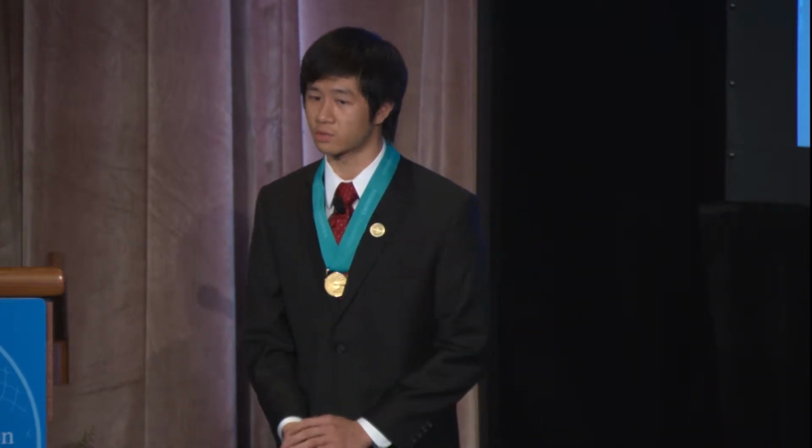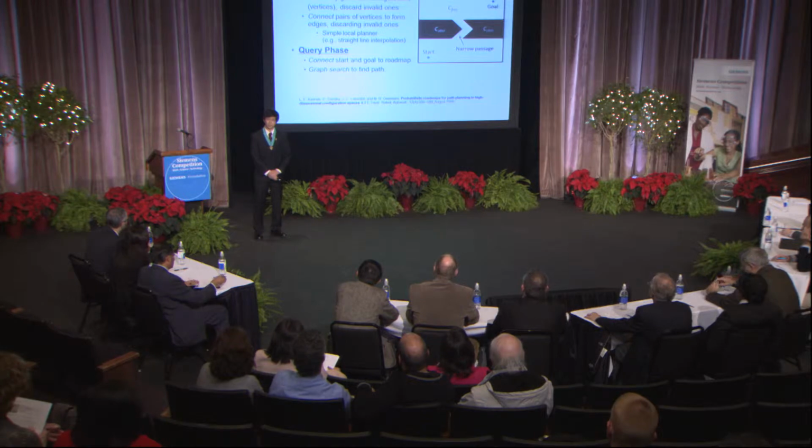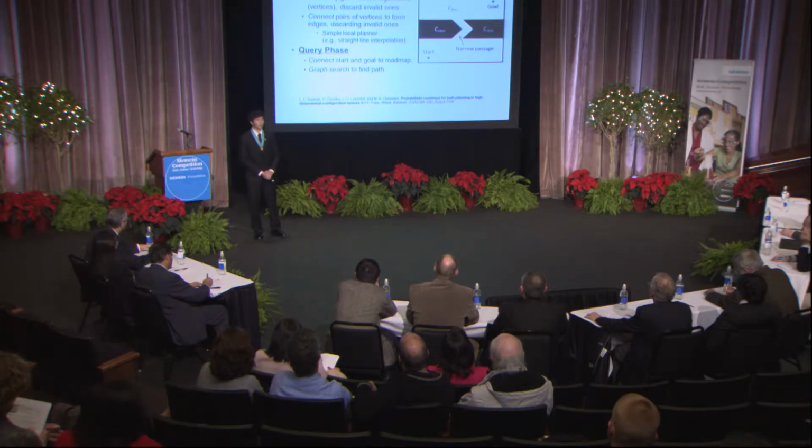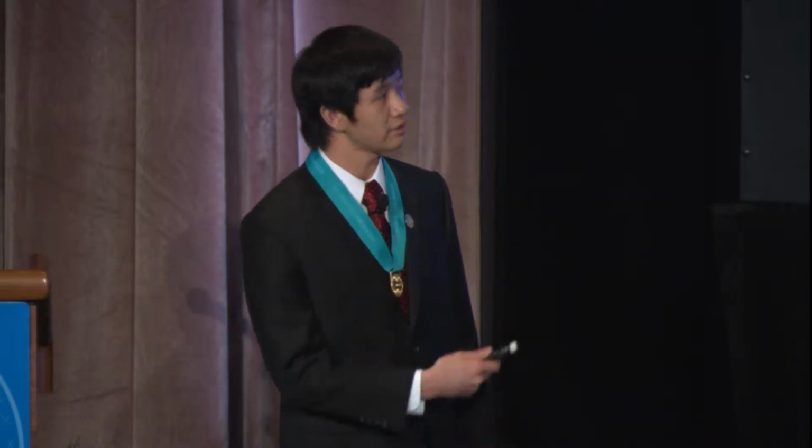The probabilistic roadmap method, or PRM, is one of the most widely used methods to solve the motion planning problem. It constructs a roadmap, which is a graph within the free space where the vertices and edges represent valid configurations. An example environment is shown on the right. PRM begins with the roadmap construction phase, which randomly generates configurations that become vertices in the roadmap.